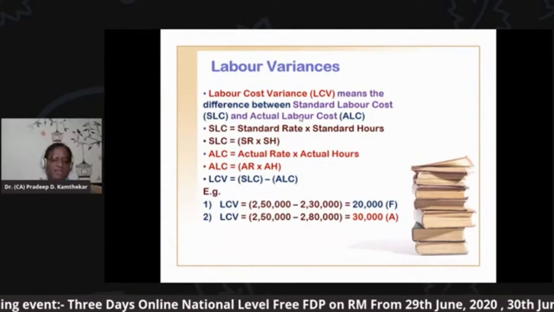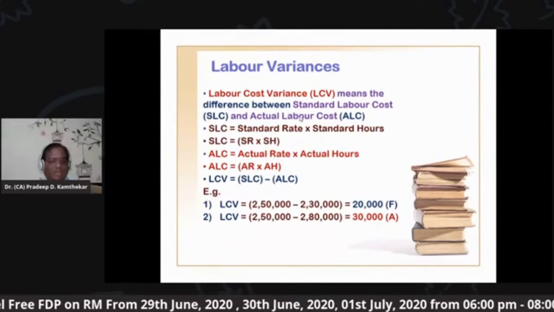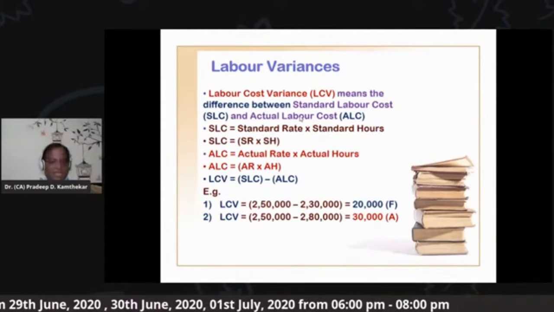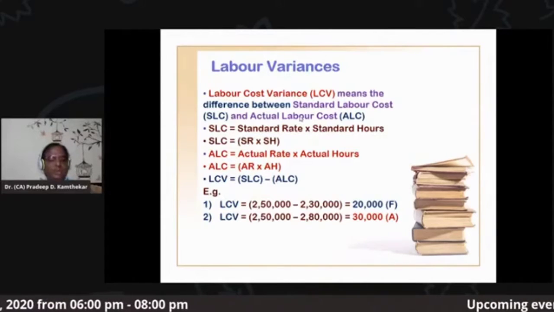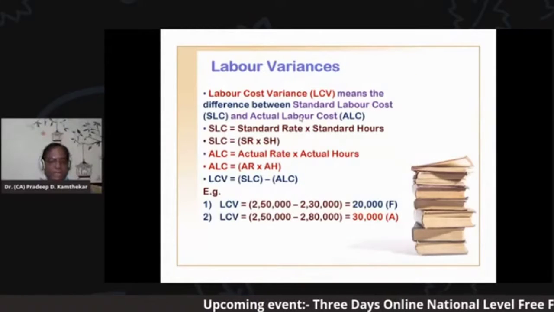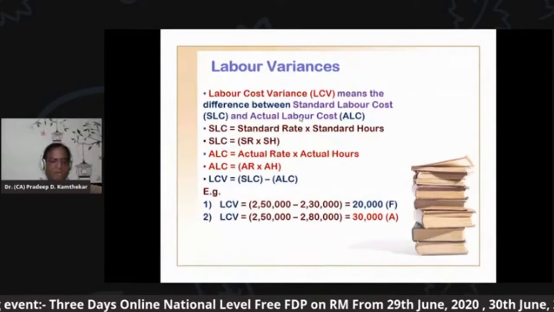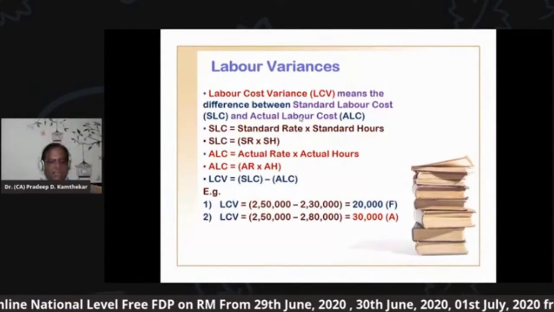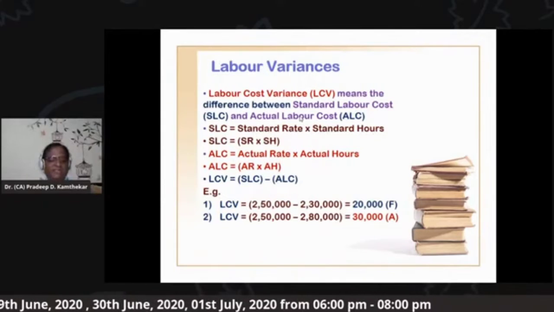And then we use the standard quantity and actual quantity in material variances, but in labor variances calculation we don't use actual quantity, but we use the number of hours put in by the employee or worker in the production process. So here the price will be replaced by the rate and the quantity will be replaced by the hours and the remaining things will remain the same.